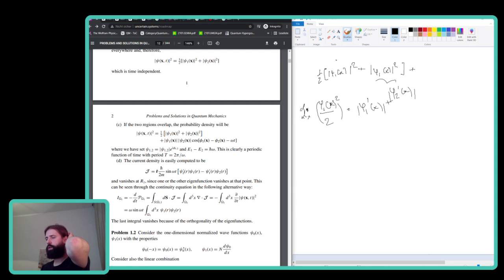And then the derivative of these is really complicated, because what does that cosine in there mean? I don't know.